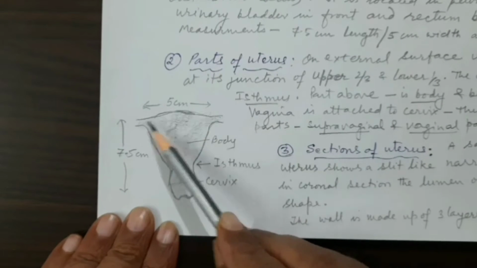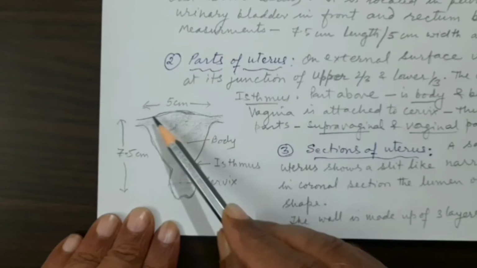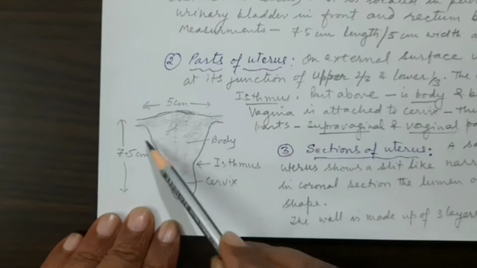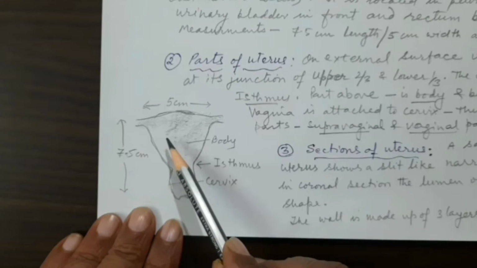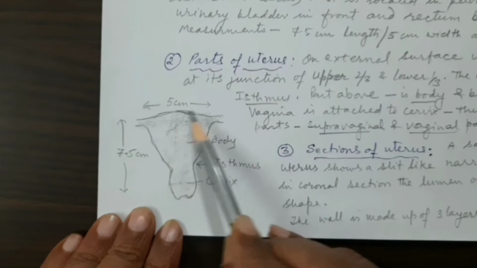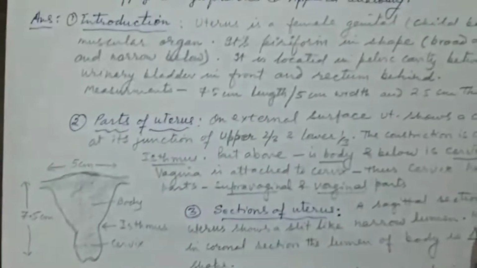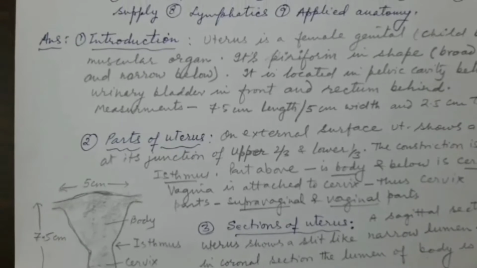These are the two uterine tubes which come out from the uterus, and the whole shape is pyriform, which is broad above, about 5 centimeters broad, but if you go towards the lower end, it becomes quite narrow. So it is broad above and narrow below.